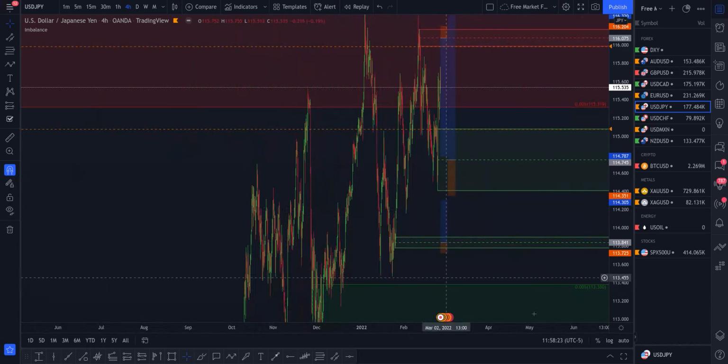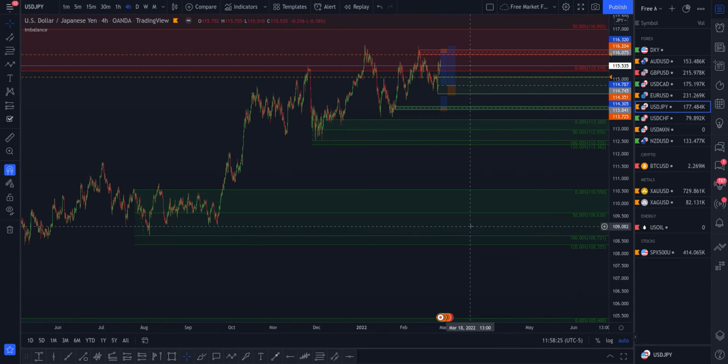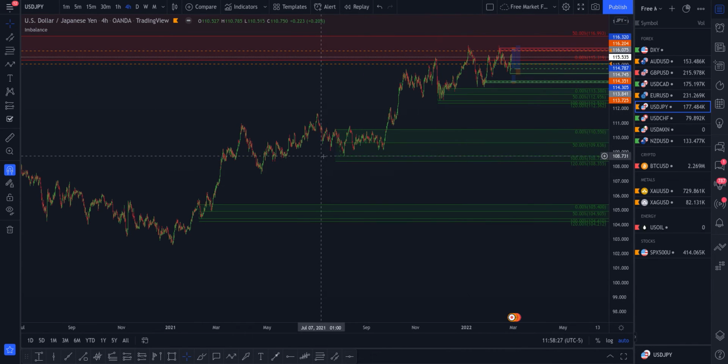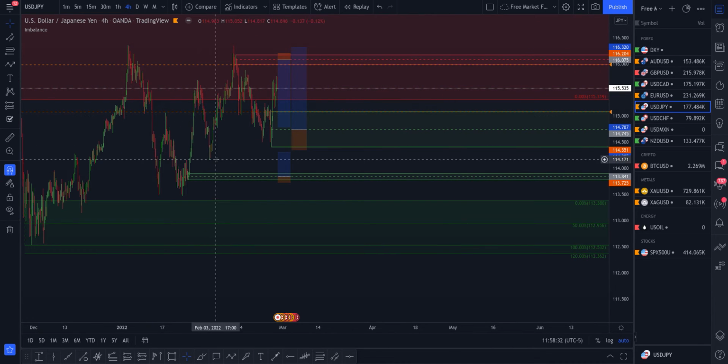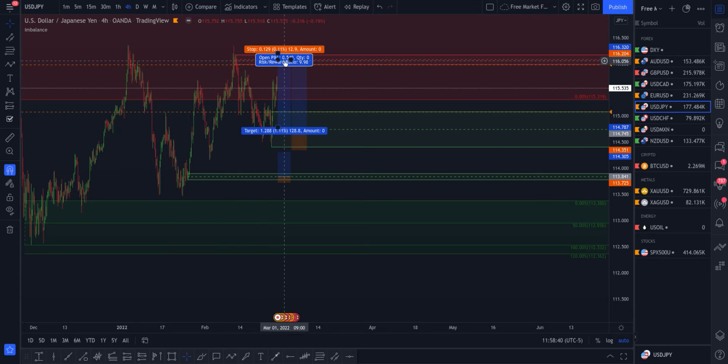Kind of backwards here, but let's take a look at 4 hour structure. Again, it has been on an uptrend. However, this low failed to make a high that actually closed above it. So again, I'm thinking my bias would be this sell right here on USDJPY to catch that trade.